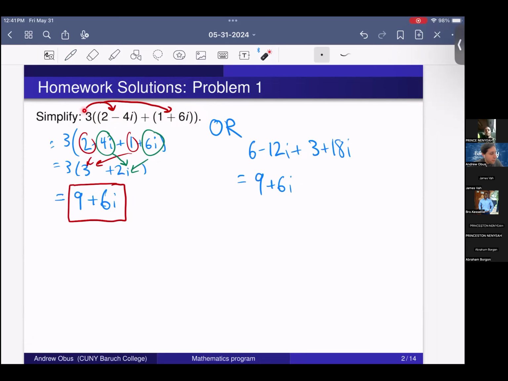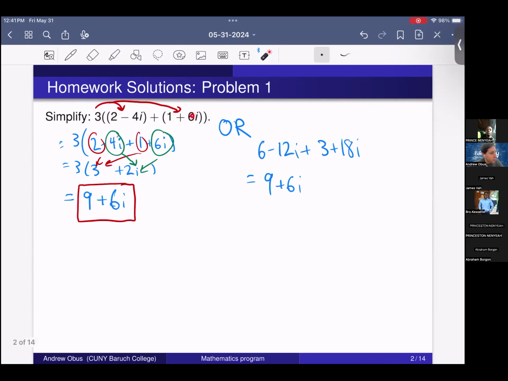In order to have the 3 multiply both terms, it really needs to be outside here. If I move the 3 inside one of them, that removes the 3 from multiplying the 1 plus 6i. So that's why I can't just move it in. Does that answer the question?